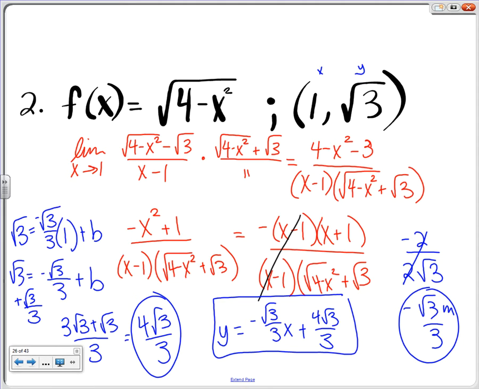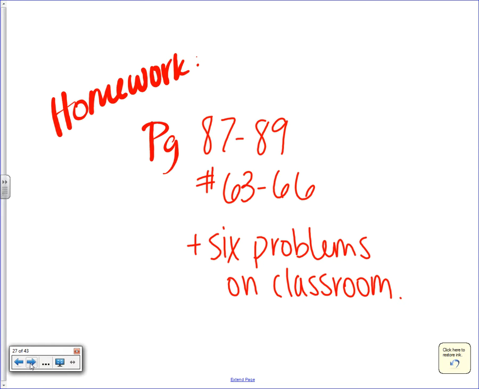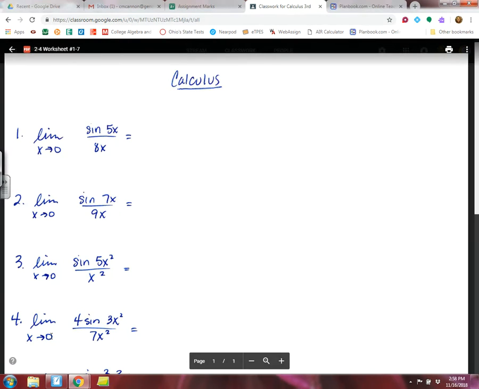Okay, so for your homework, before your test, I'm going to go back to this slide, and this is the homework over these types of problems. Now, of course, you have a test tomorrow, so this will not be checked in, but this is practice for if you need it. Those 6 problems can be found on Classroom, in your classwork tab.